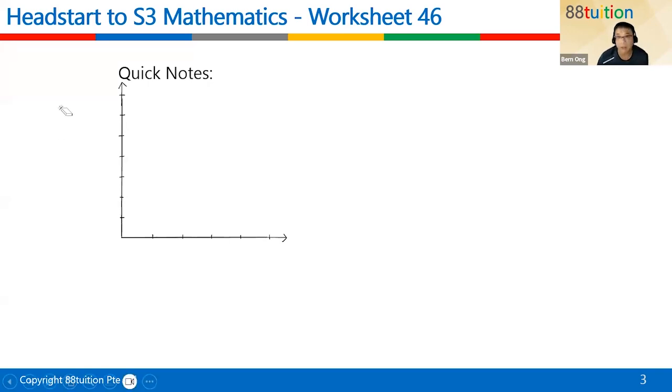Before that, let me just put in some of the intervals. This is 0, for the kilometer. Then we can go up to 10, 20, 30, 40, 50, 60, and 70.